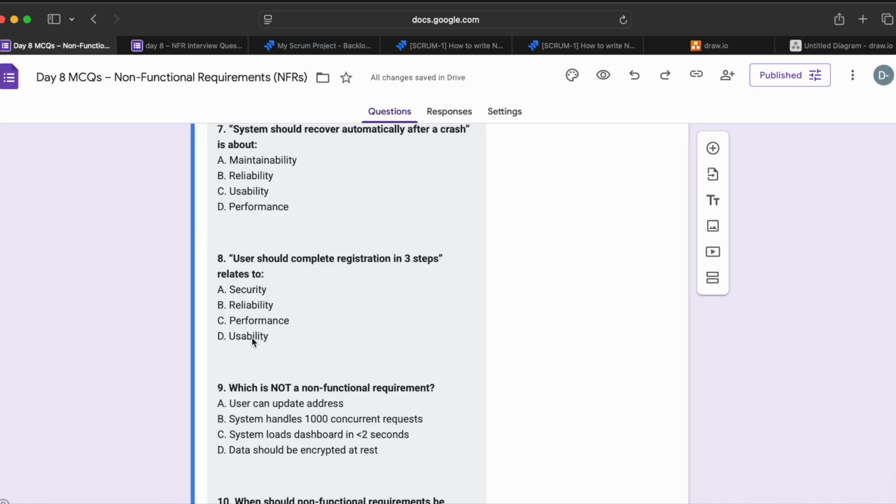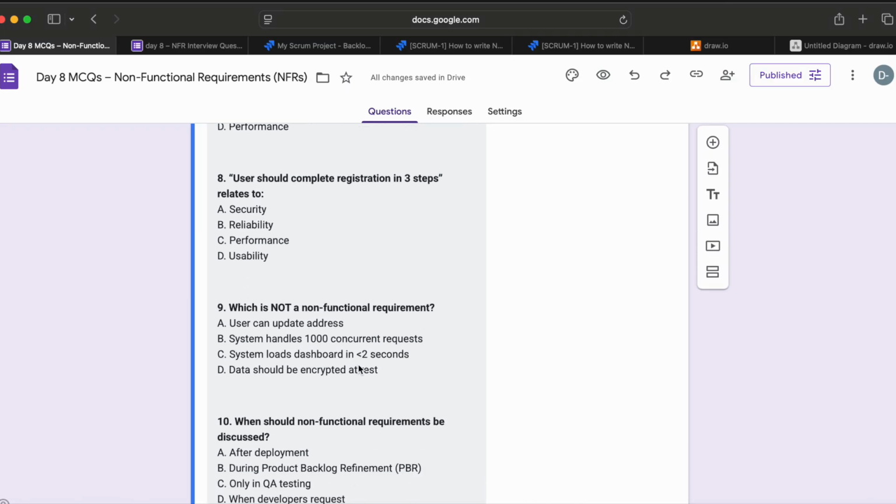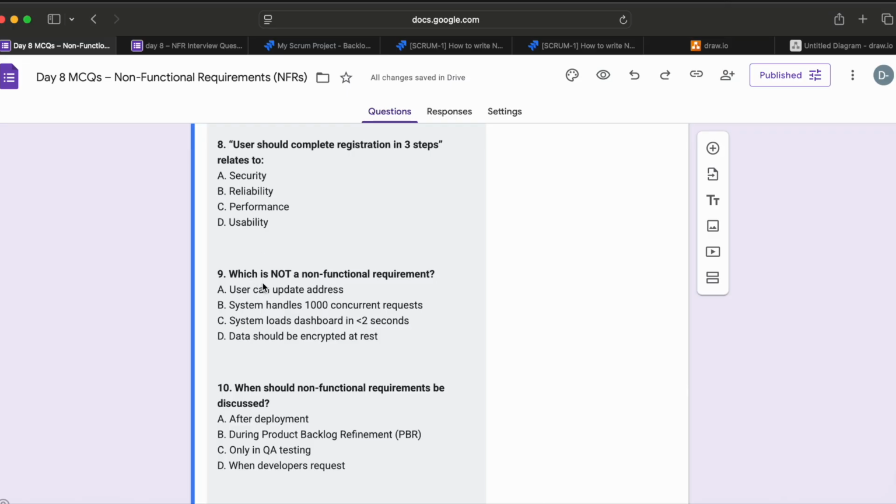So usability ensures the system is easy and intuitive to use. Okay, question number 9, which is not a non-functional requirement? User can update address, right? So this is direct to the feature. Updating an address is functional. What the system does, not how well it performs.